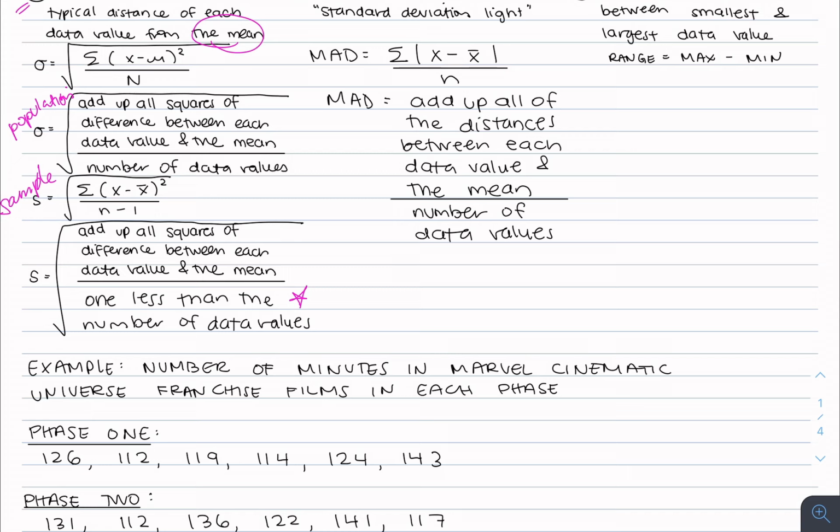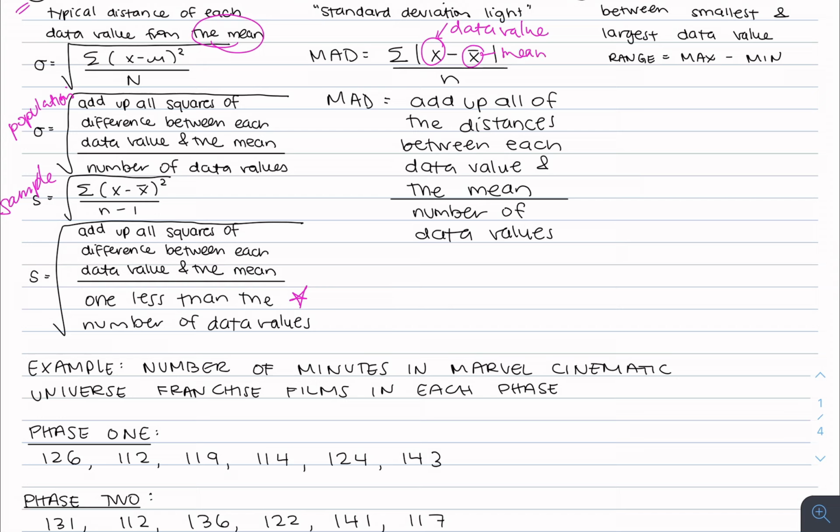Next, we have the mean absolute deviation, which one way you can think about it is it's like standard deviation lite. It's a similar calculation where you're adding up all these distances. Remember, absolute value means distance, and where you are looking at each data value. Again, a data value right here, X, that's a data value, just in case we're confused. Subtracting that from the mean, again, mean we can say mu or x bar.